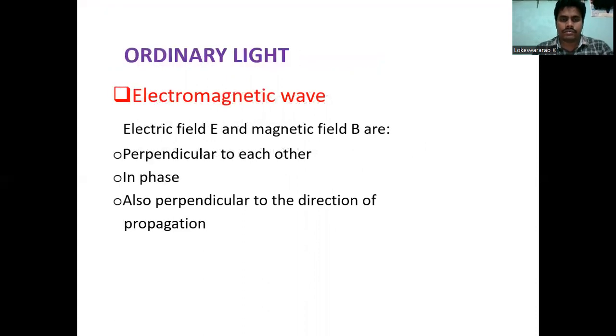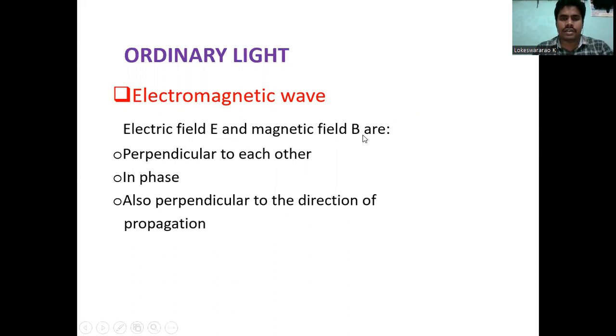Before dealing with polarization, first of all, we need to know what ordinary light is and what polarized light is. Ordinary light means electromagnetic wave. That means the light consists of two vectors, one is the electric vector and the other is the magnetic vector.